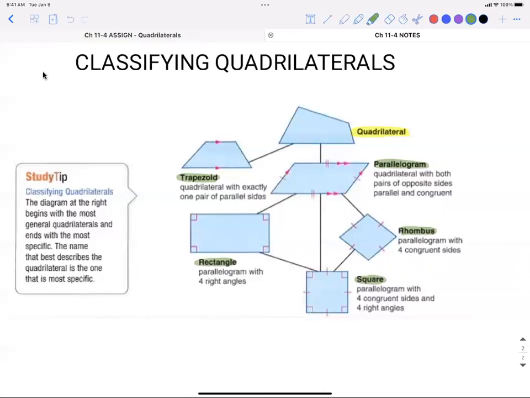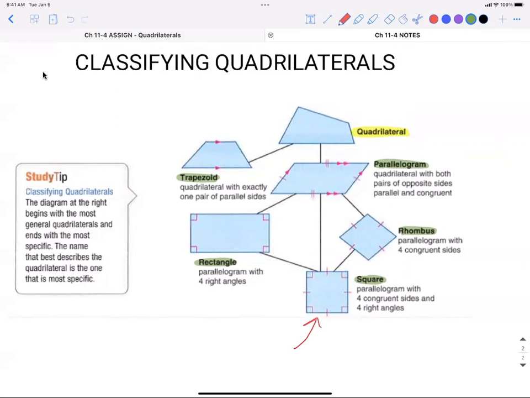If you were to name this one here just a quadrilateral, well, it is a quadrilateral, but specifically it's a special quadrilateral. So the best classification would be a square. Okay, so you can't just call them all quadrilaterals. You have to get specific if you can.